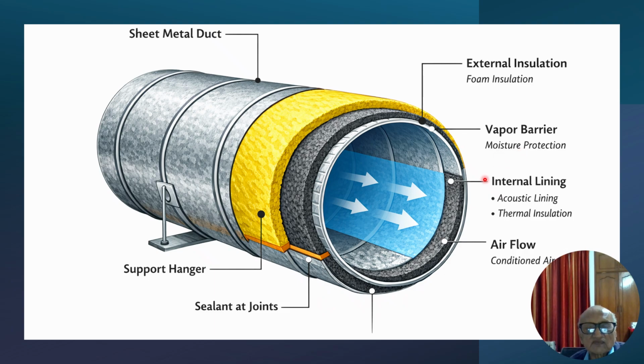The internal lining is for acoustic purpose and thermal insulation as well. The airflow is shown with these blue arrows. Then the ductwork is provided with the support hangers, this one, and the sealant joint is shown in this orange color.